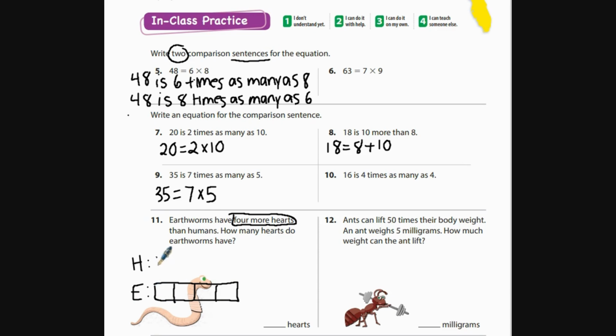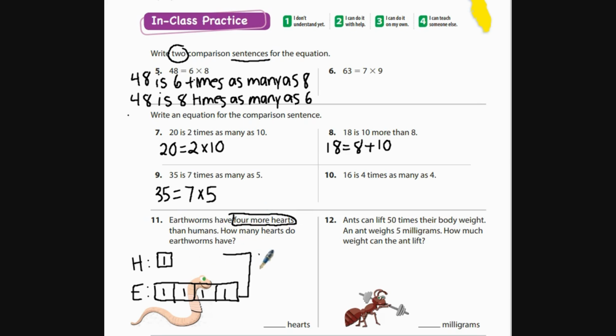Well, it says how many hearts do earthworms have? Well, I have to think. Does it tell you how many hearts a human has? No, but we should know, right? Oh, wait a minute. This is how you need to think. If a human has 1 heart and an earthworm has 4 more hearts than a human, I'm going to add all of this together. It doesn't say 4 times more, it says 4 more.